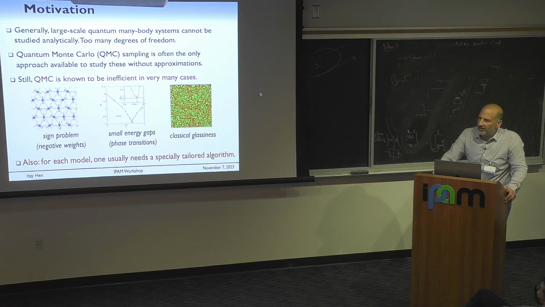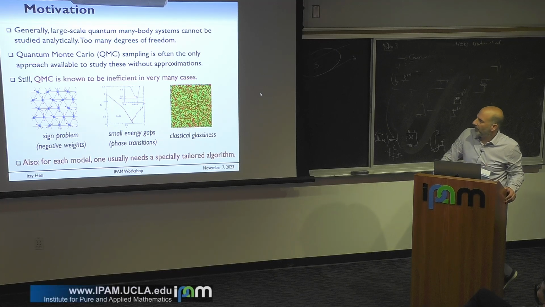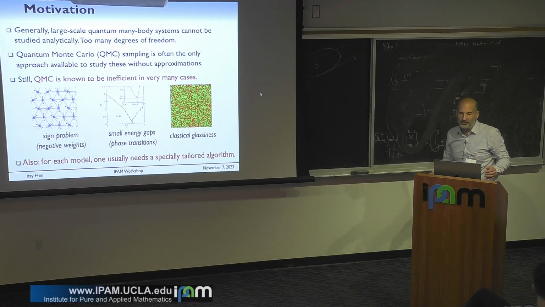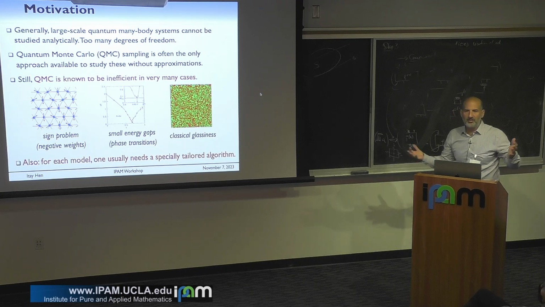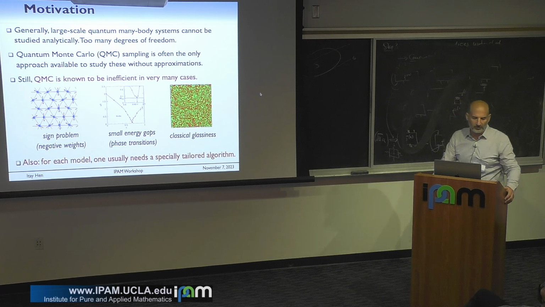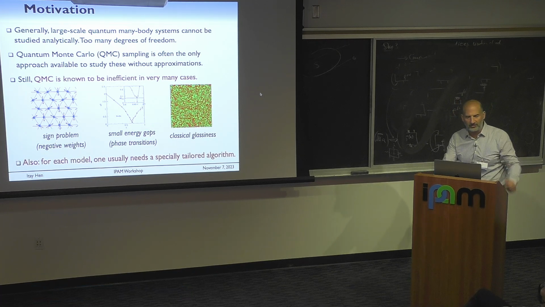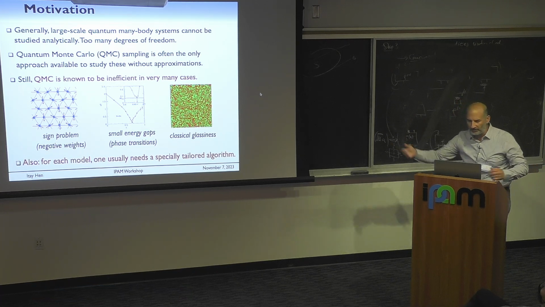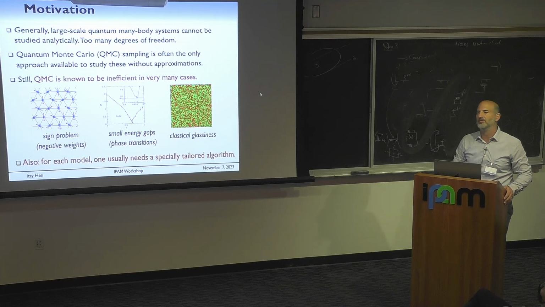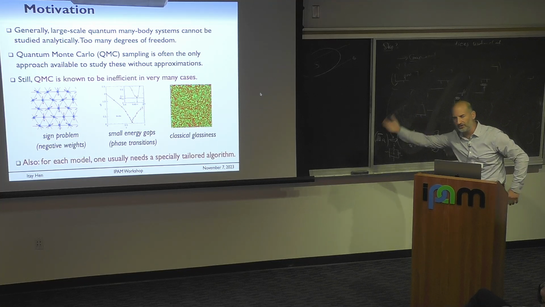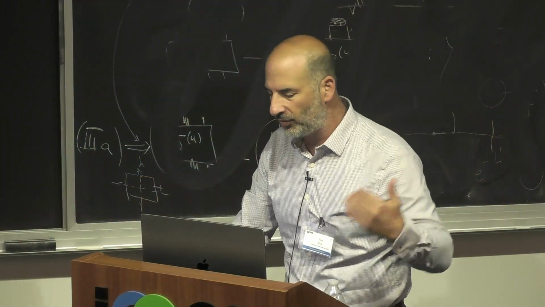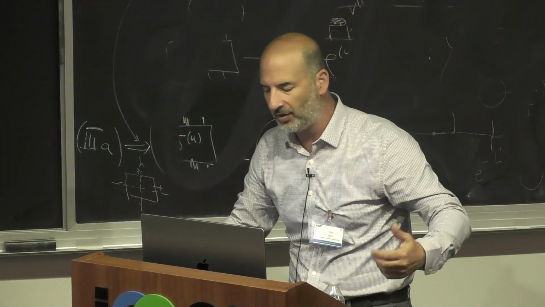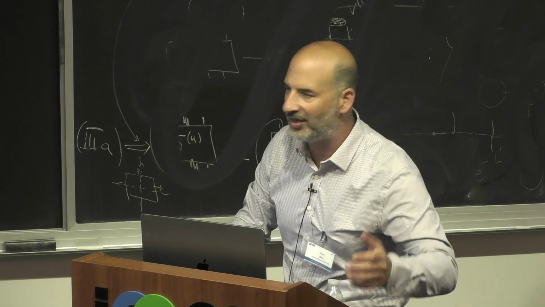But what I'd like to talk about today is another annoyance, basically, which is that for each, let's say we want to simulate with quantum Monte Carlo a spin system, or spin half system, a spin one system, a fermionic system, on a Kagome lattice, on a triangular lattice, on a square lattice, then for each of those models, one usually needs to come up with specially tailored updates.